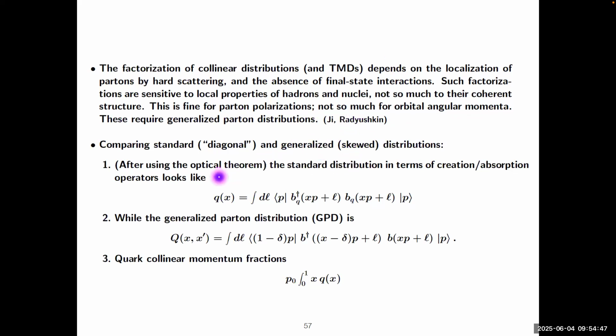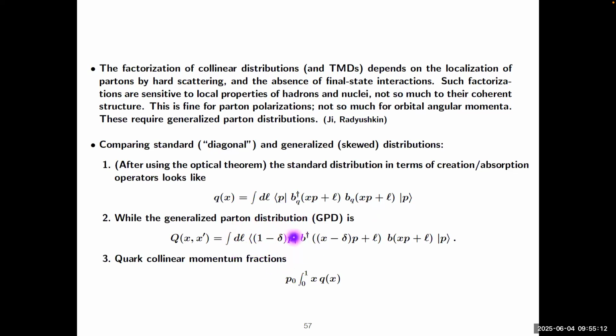And so what we came to, and saw in yesterday's lecture, is that instead of looking at a distribution in terms of a number operator for quarks, we get a slightly translated number operator where there's a skewness to it, where the proton comes in with one momentum and goes out with a slightly shifted momentum.